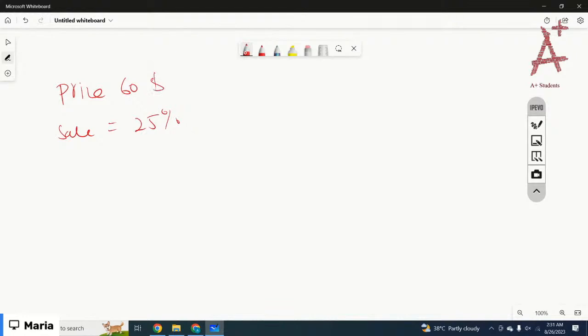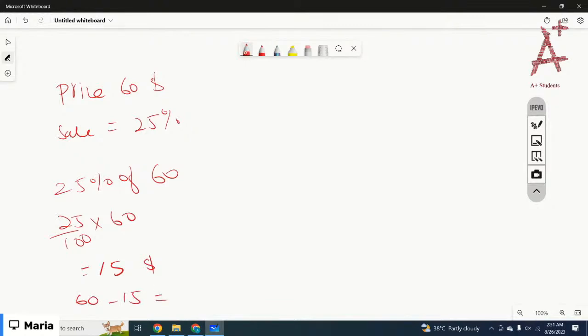Okay, so you have to calculate the sale price. That means you have to calculate 25% off 60. It would be 25 over 100 times 60. So when you multiply, that is $15. That means the discount is $15. The original cost is 60. You have to pay $15 less.